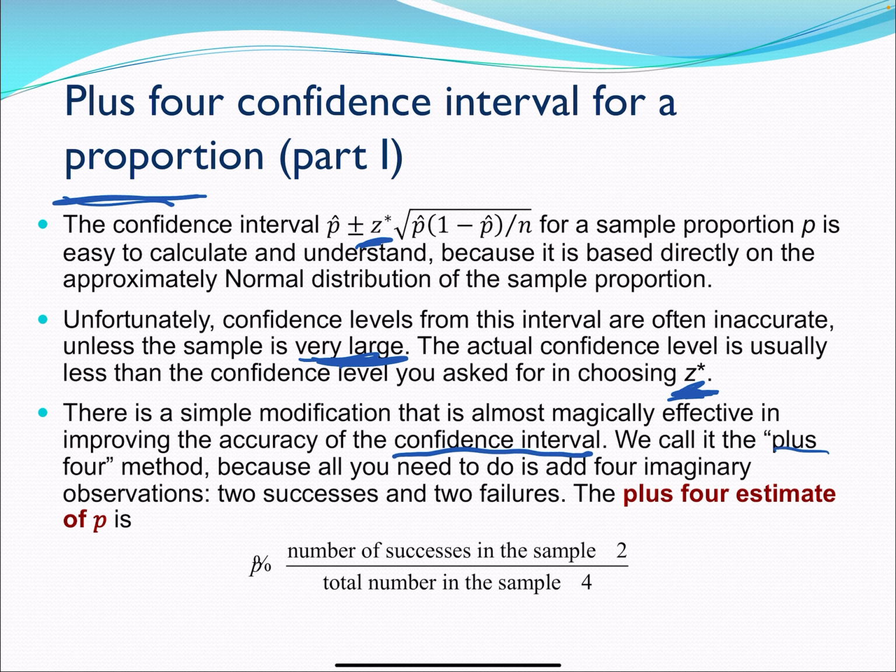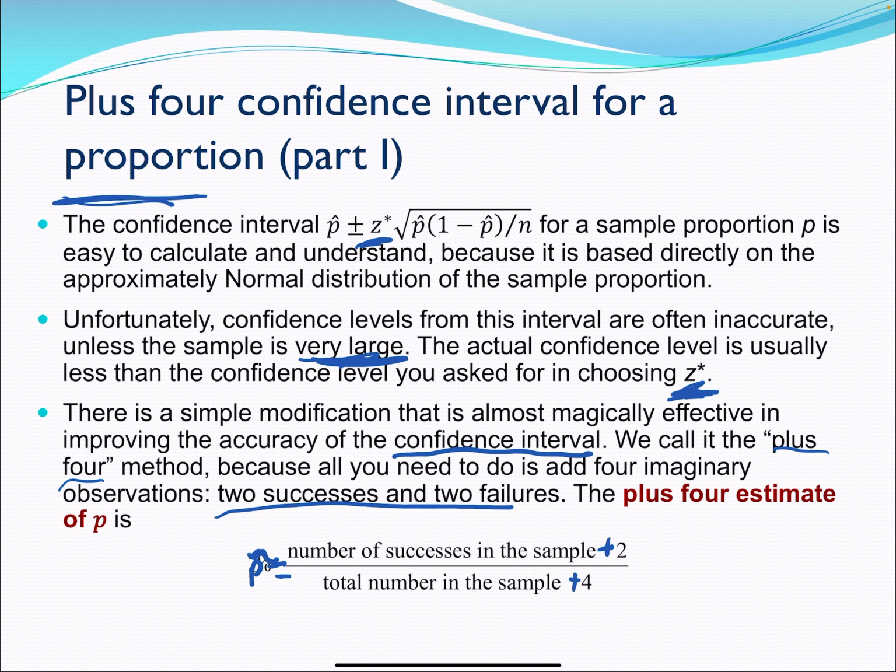We call it the +4 method, because all you need to do is add 4 imaginary observations with 2 successes and 2 failures. So I have P, I think that's supposed to be a tilde. I don't know why it shows a percentage sign. P tilde is the number of successes in the sample plus 2, that's our adjusted, over the total number in the sample plus 4.